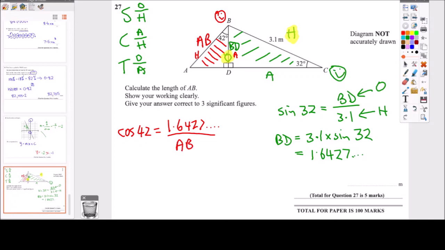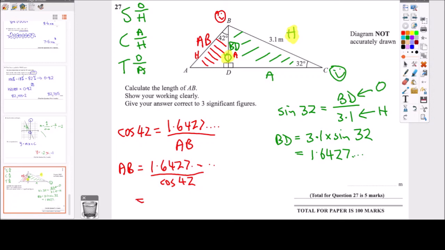Now, I've got to be careful rearranging this. I'm going to multiply by AB and then divide by cos 42. So AB is going to be 1.6427 divided by cos 42. So I can pop that into my calculator.